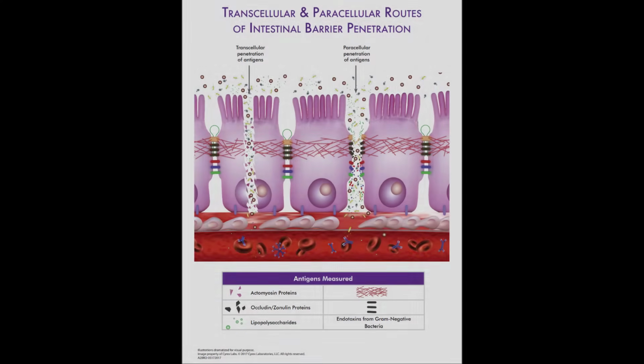So in this picture, this is actually right from Cyrex Array 2. Transcellular and paracellular routes of intestinal barrier penetration. What does that mean? There's two types of leaky gut. One is paracellular, around the cell, and then there's another one that's transcellular, where the contents go through.